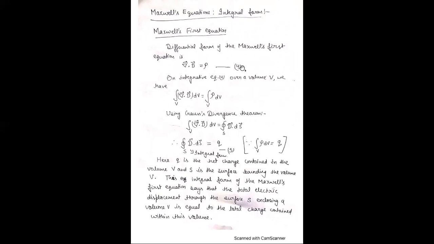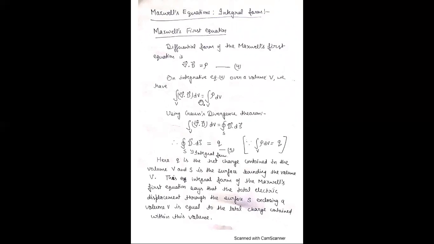Now integrate this equation over a volume V, and we get the volume integral of del dot D dV equal to the volume integral of rho dV. According to the Gauss divergence theorem, the volume integral of the divergence of D is converted into a surface integral. Therefore, the volume integral of del dot D dV is equal to the closed surface integral of D dot dS.